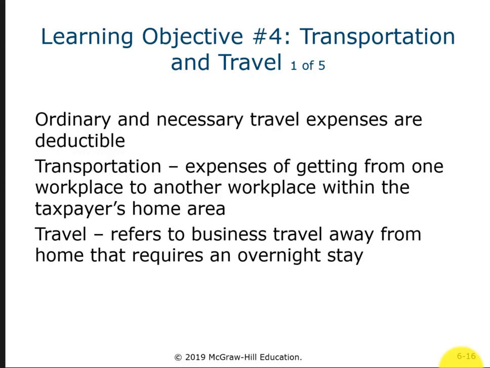So first of all is transportation and travel, and the difference is that travel is away from your tax home, and there are lots of issues about what your tax home is. We'll try to keep it relatively simple. That requires an overnight stay, so you're going out of your location.